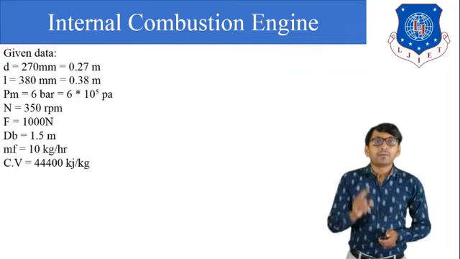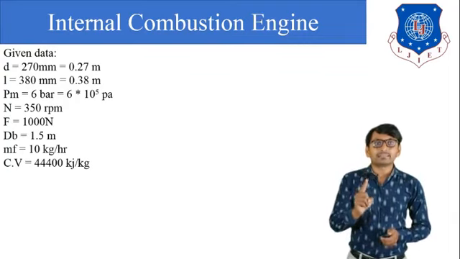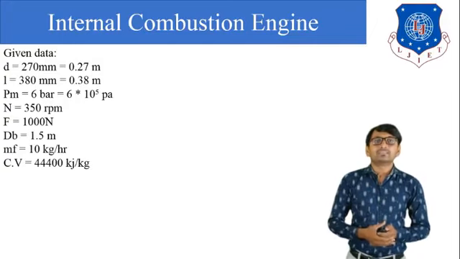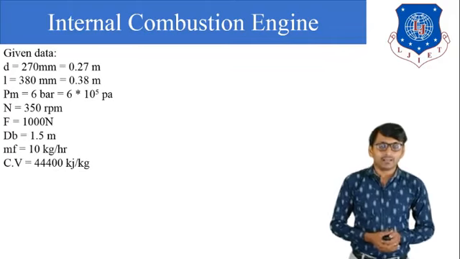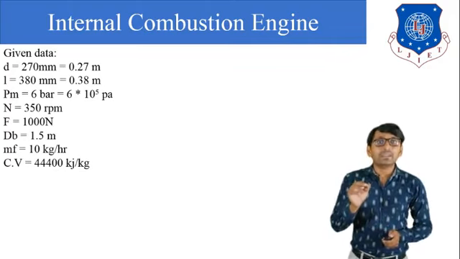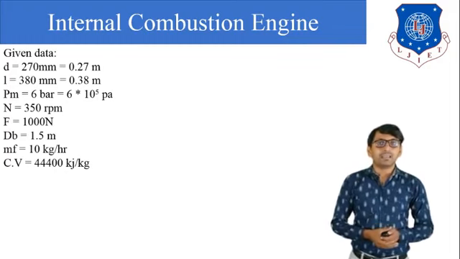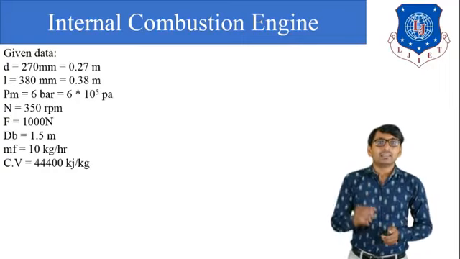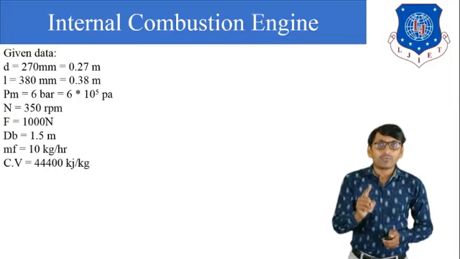PM, mean effective pressure 6 bar, so convert this into Pascal, so 6 into 10 raised to 5 Pascal. Then capital N, engine speed, that is 350 rpm. Then F, net load, that is 1000 Newton. Then dB, diameter of brake 1.5 meter.